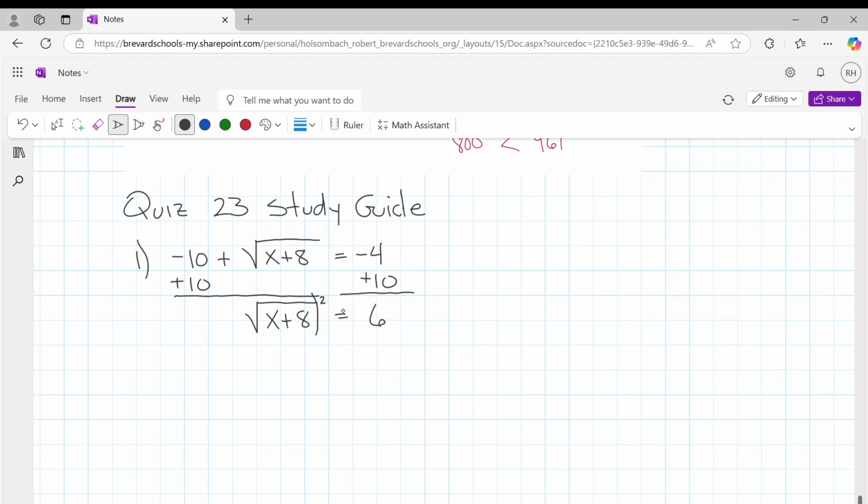And then we're going to square each side. The square root of x plus 8 squared is x plus 8, and that's equal to 36. Then subtract 8 from each side. So our x is equal to 28.